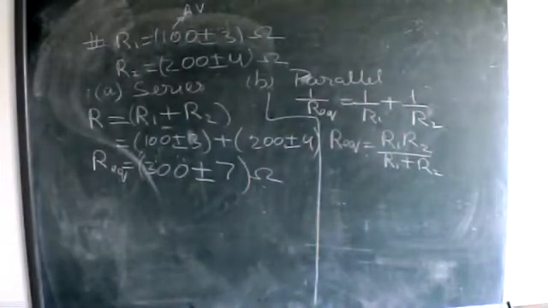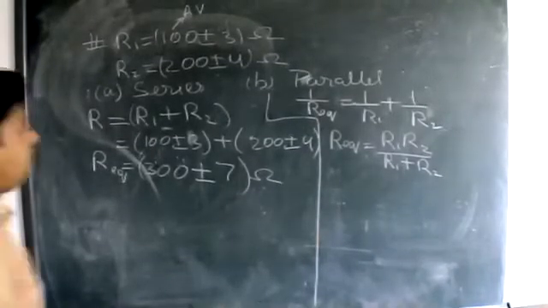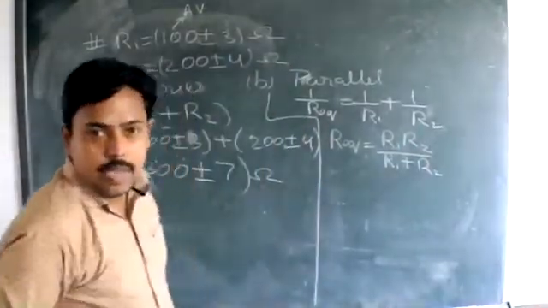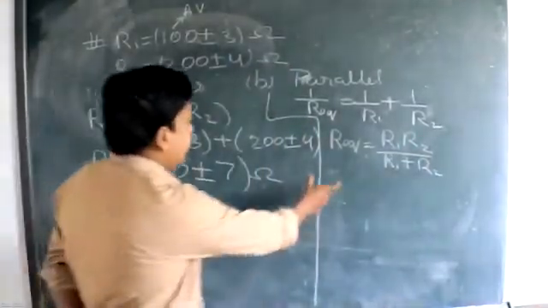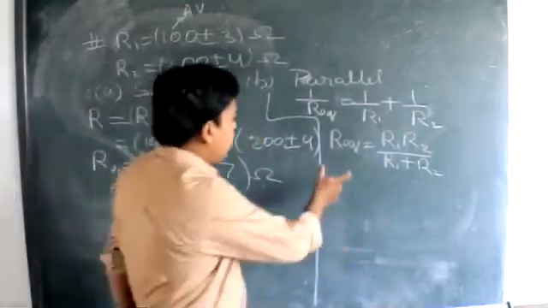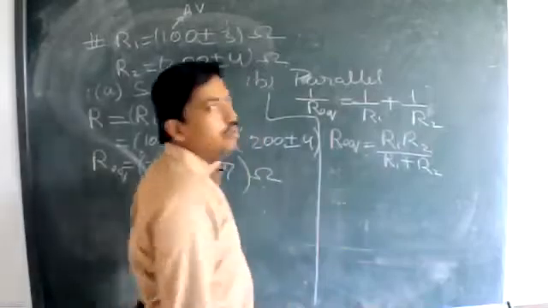Okay, so from here R equivalent can be calculated, and R equivalent will be what? What will be the values of R1 and R2 for R equivalent? I'm not considering the error here. Right now, I'm not considering the error. I'm just considering the actual value of R equivalent.